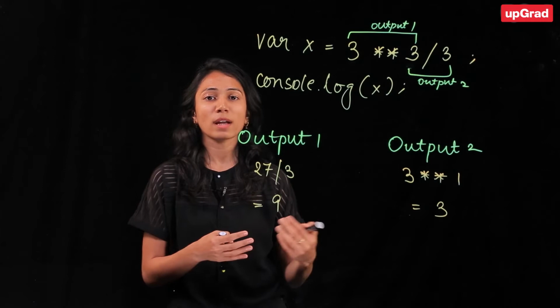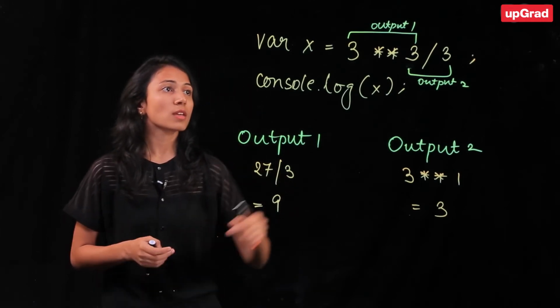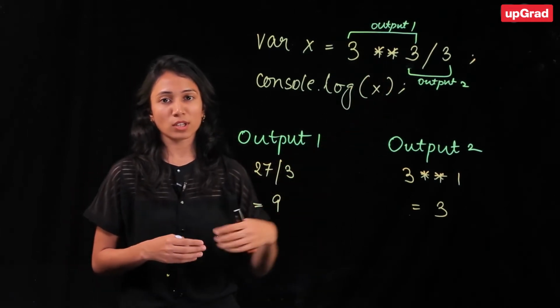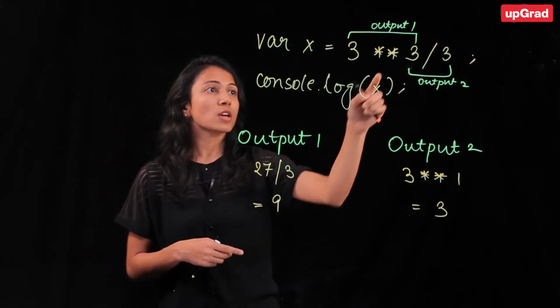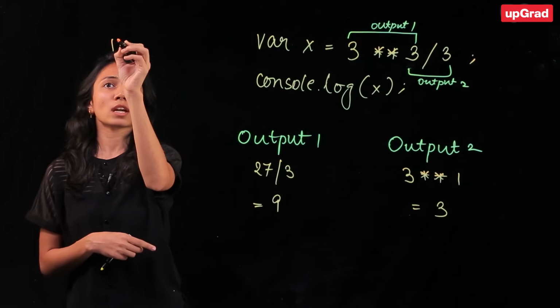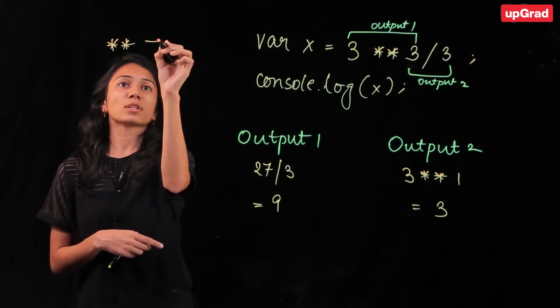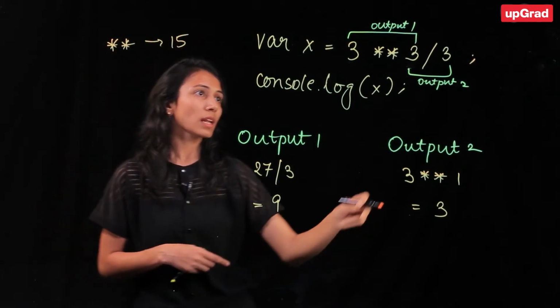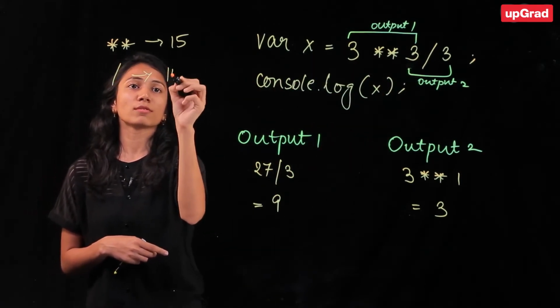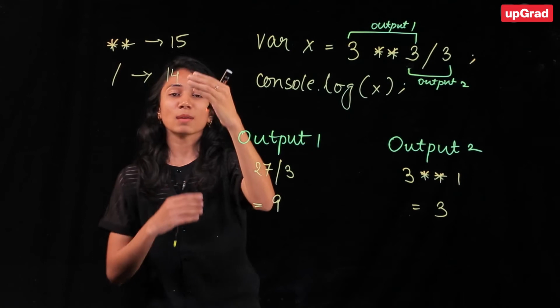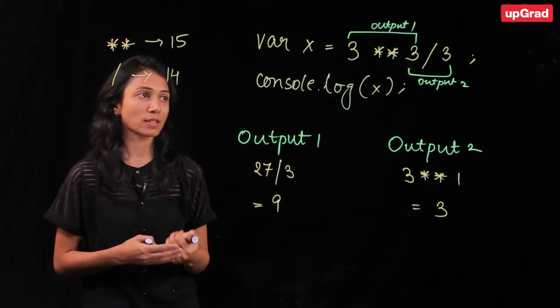So this is where precedence comes into the picture. If you study the chart of JavaScript's operators, precedence and associativity, you see that the exponentiation operator has a precedence of 15 and the division operator has a precedence of 14. This is already predefined in JavaScript.